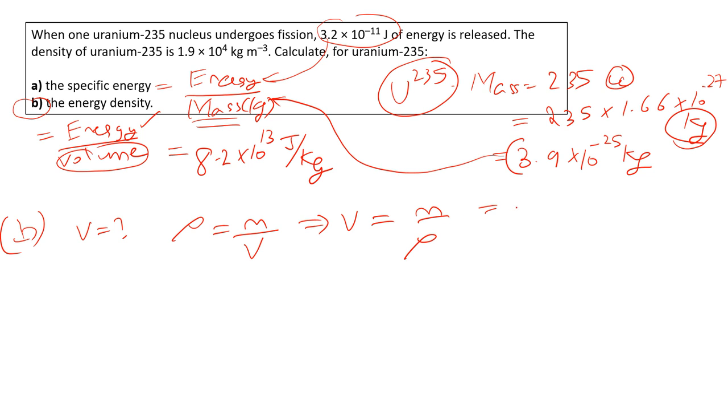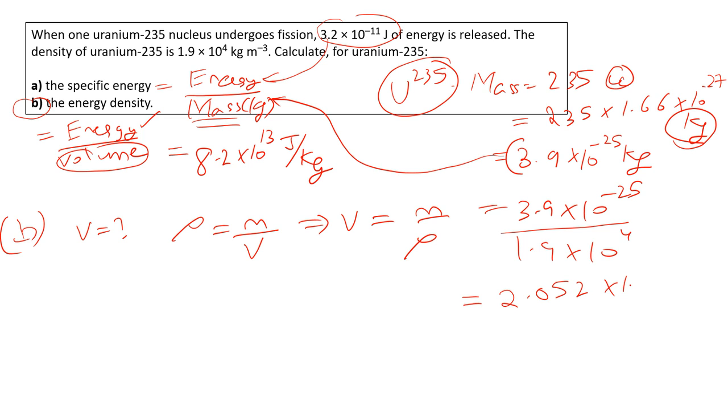The mass you had found out as 3.9 into 10 to the power minus 25. If we divide that by the given density, which is 1.9 into 10 to the power 4, you will get the volume. On solving this, you should get something like 2.052 into 10 to the power minus 29, and the unit will be meters cube. So this will be your new denominator.